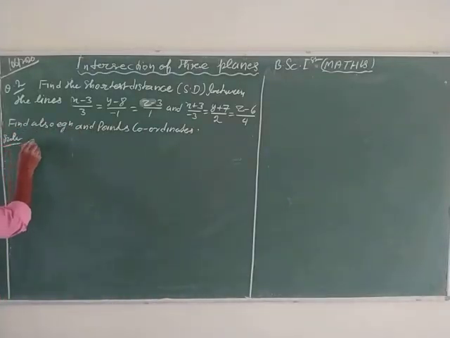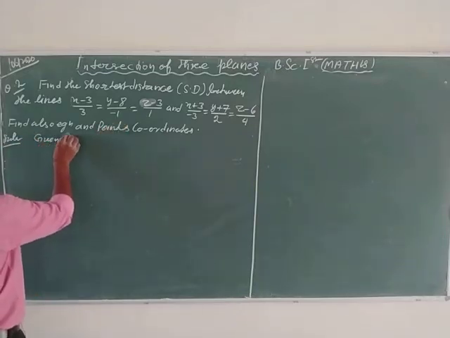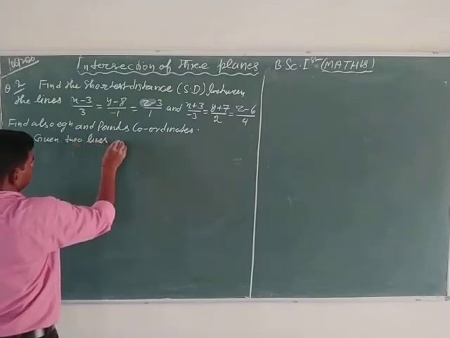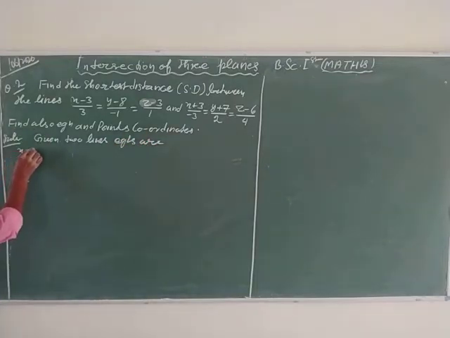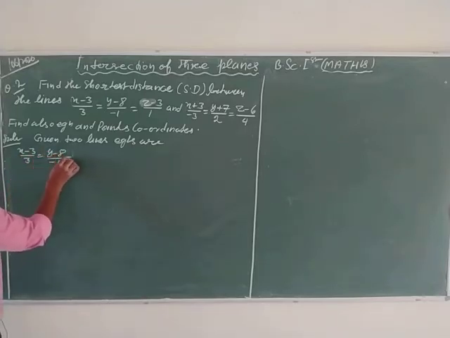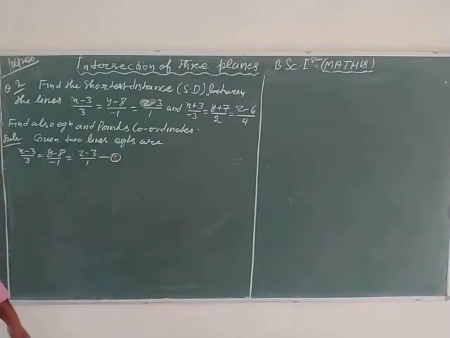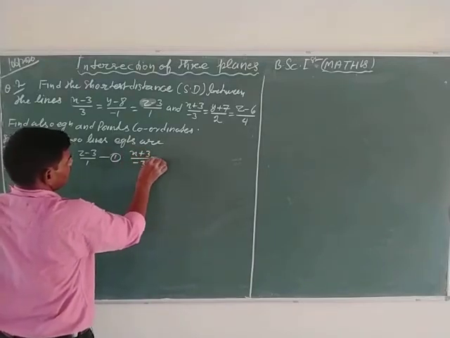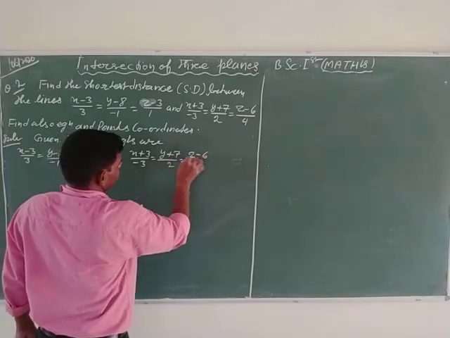Write the solution. The given two lines' equations: the first line is (x minus 3) by 3 equals (y minus 8) by minus 1 equals (z minus 3) by 1, and the second line is (x plus 3) by minus 3 equals (y plus 7) by 2 equals (z minus 6) by 4.